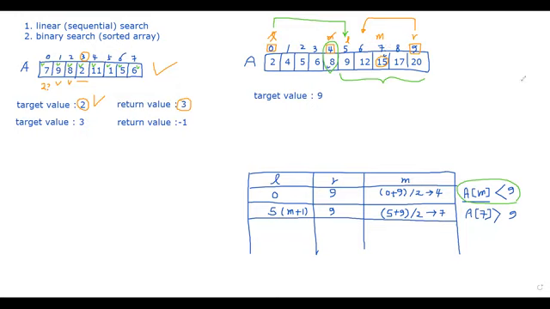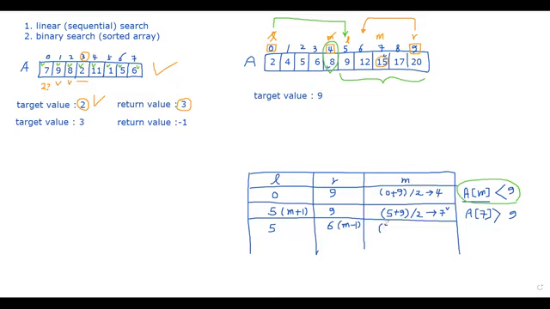So now we have left 5, however right should be updated. Right is 6, and we get this by m minus 1. M is 7, so m minus 1 is 6, that's why it is 6.